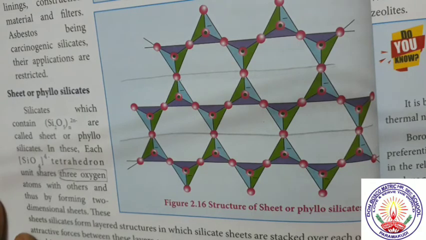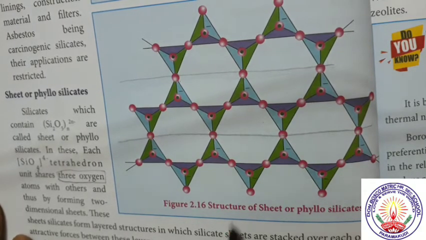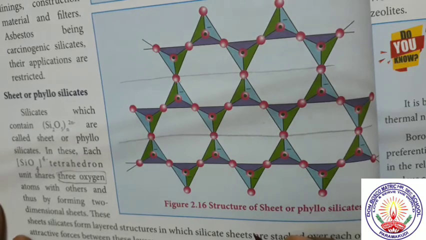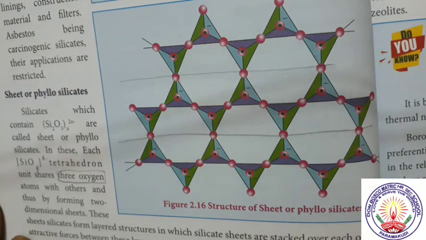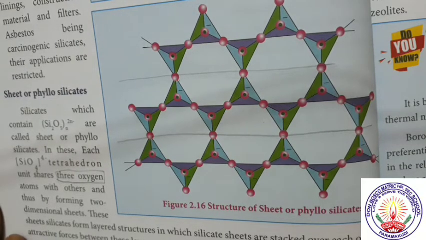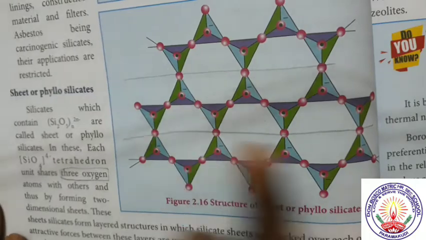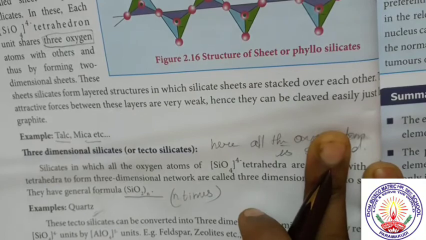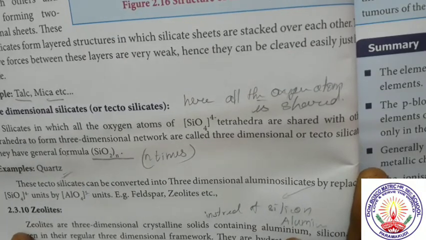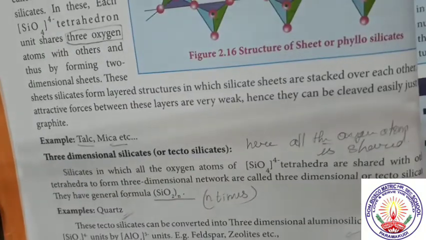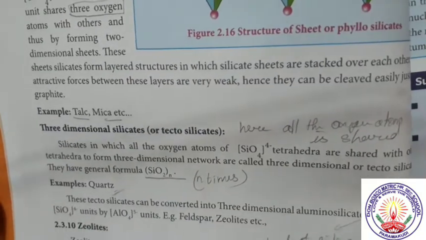Here they share 3 oxygen atoms with others, and thus form two-dimensional sheets. These sheet silicates form layered structures. So you can see the different types of layers. These are used in talc and mica and all. Next one is three-dimensional silicates. Here all the oxygen atoms are shared. An example is quartz.